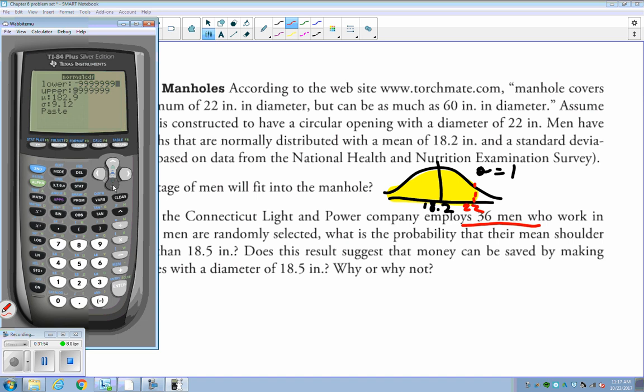My upper limit is going to be 22. The mean is going to be 18.2. Standard deviation is 1. So it looks like 99.99, I'd say 100%. Pretty darn close, 100% of men will fit in that.